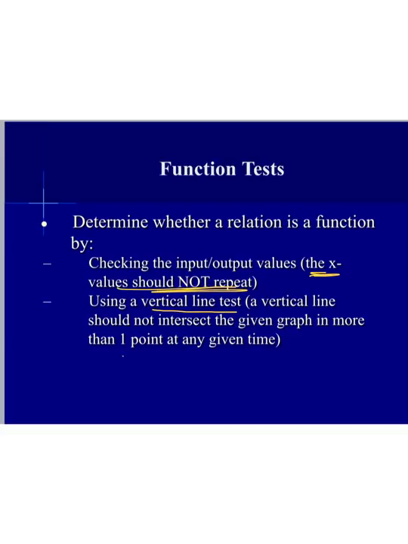Basically, if you have something graphed on the coordinate plane, you want to make sure that every time you draw a vertical line, that vertical line can only hit that graph in one spot. So if it hits it in more than one spot, then it would not be a function.